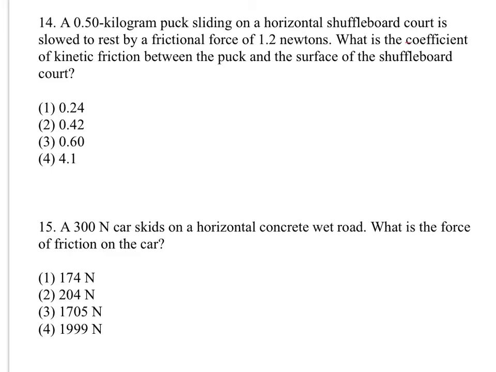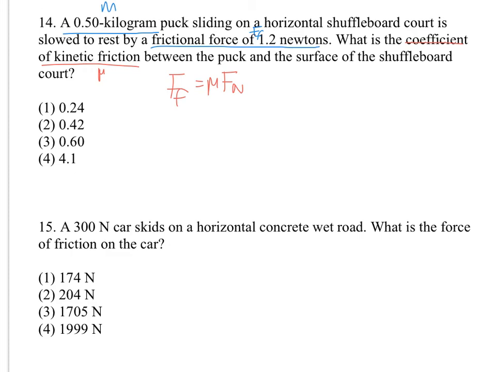So it's asking for the coefficient of kinetic friction, mu. That means we're probably going to use this equation. We're solving for mu, our F_f is here. But do we have an F_N? Well, we have mass. And using that, we can find our weight, which will also give us our normal force.